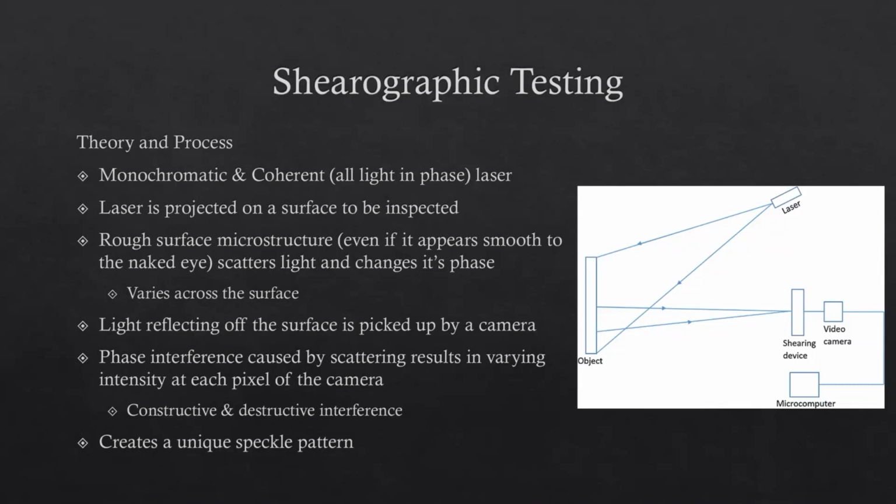So it uses a camera now instead of a film or a plate. The individual pixels in that camera are going to detect whether the intensity is higher or lower based on whether constructive or destructive interference of the light beams is taking place in that specific area.